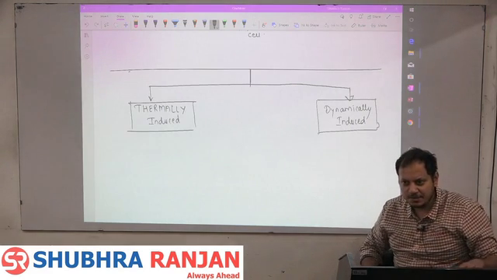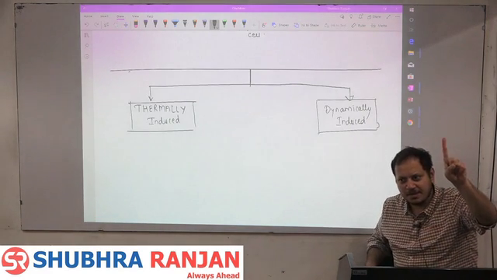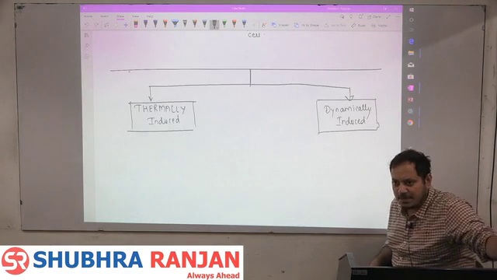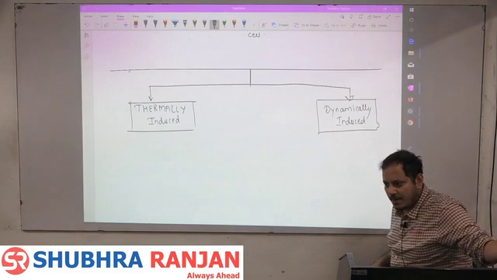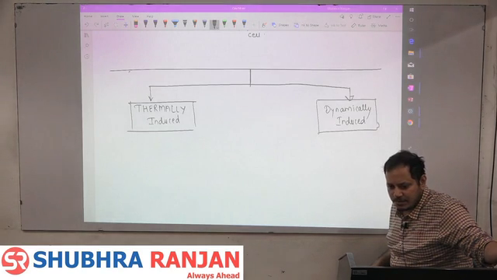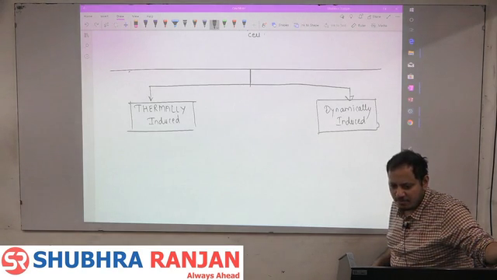Which are the 3 thermally induced? 2 polar high pressure belts and 1 equatorial low pressure belt, and 4 dynamically induced pressure belts.